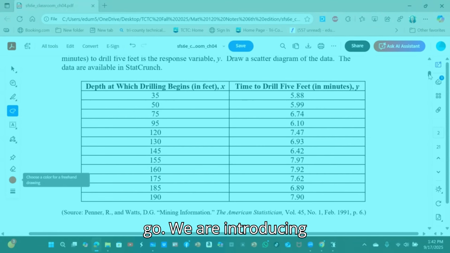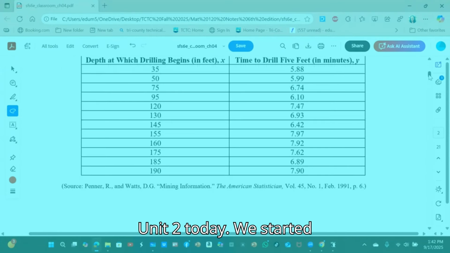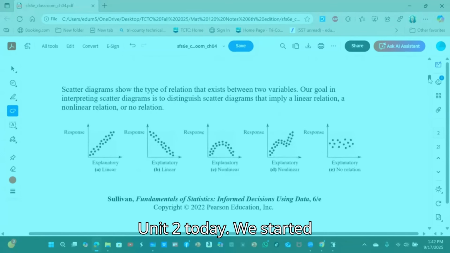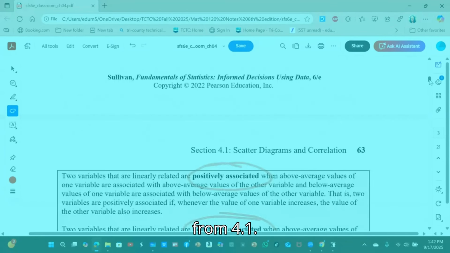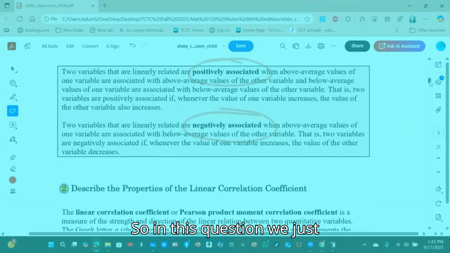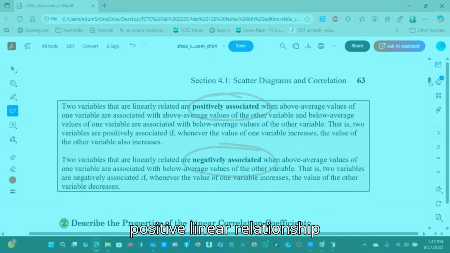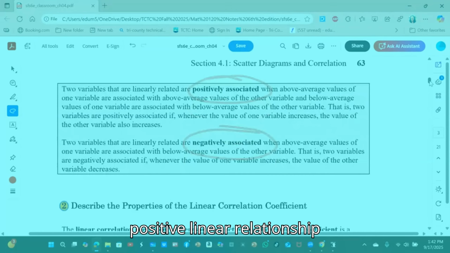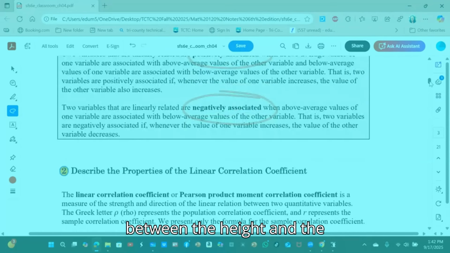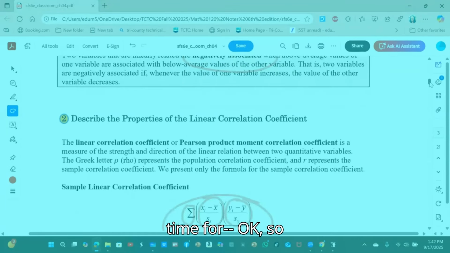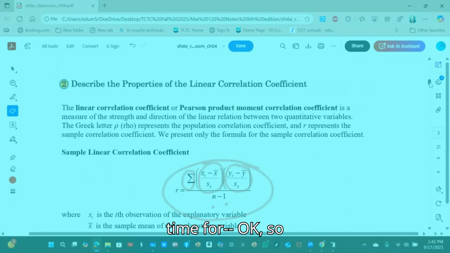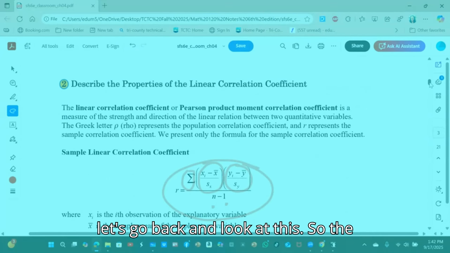We are introducing unit 2 today. We started from 4.1. So in this question we just answered, we found out there's a positive linear relationship between the depth and the time. Okay, so let's go back and look at this.